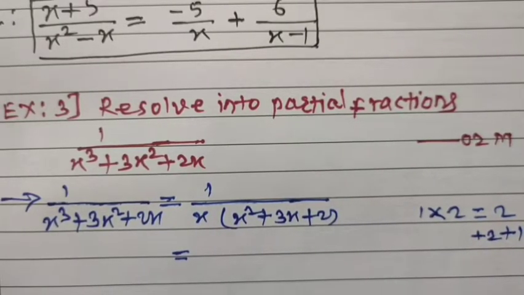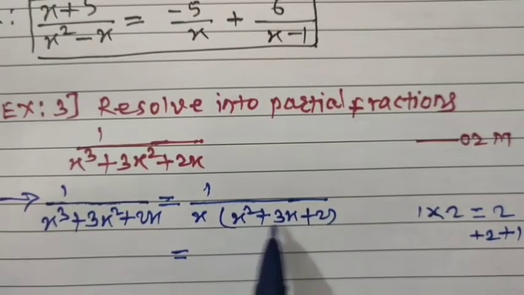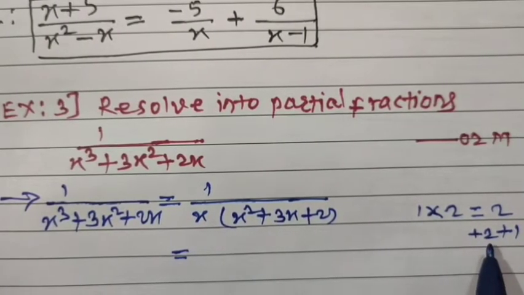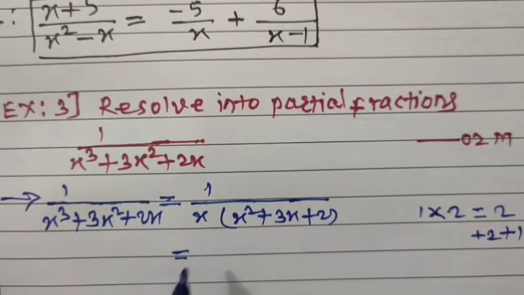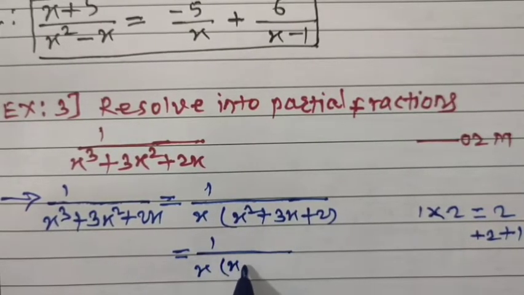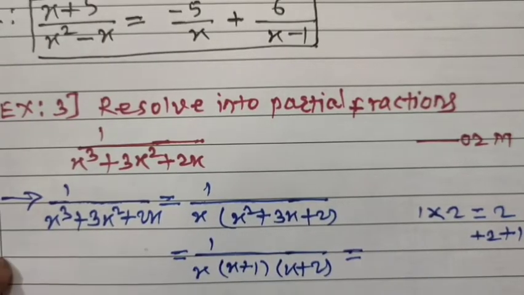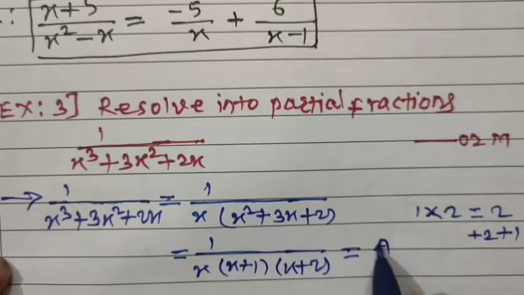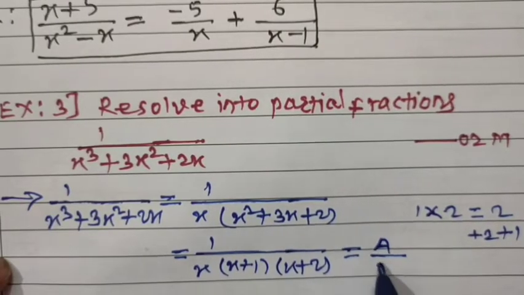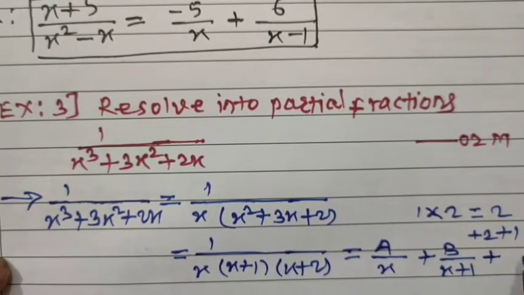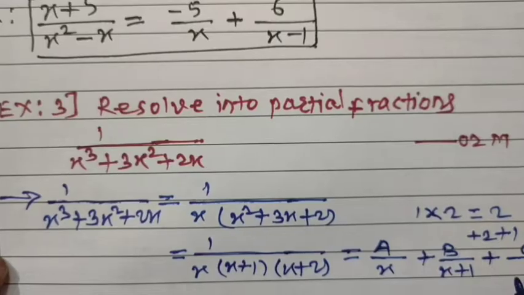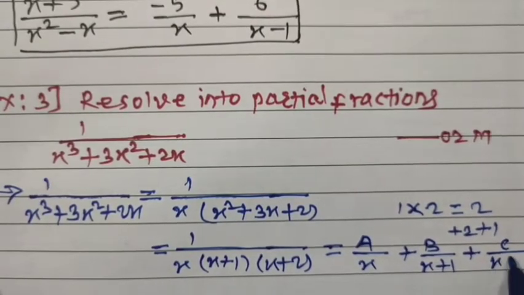So we can write this as x plus 2, one linear factor, and x plus 1, another linear factor. So x into x plus 1 into x plus 2. So arbitrary constant a divided by the first linear factor plus arbitrary constant b divided by the second linear factor plus arbitrary constant c divided by the third linear factor, that is x plus 2.